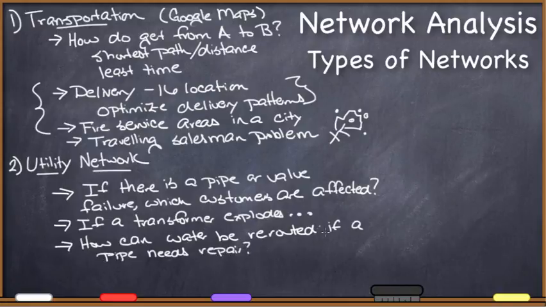You can also go backwards. If you are looking at this, and maybe this is our water network or our power network, and you have customers that are calling in to say that all of a sudden they don't have water or they don't have power or something like that. Well, what you do is you ask them, okay, what's your address? And then you start geocoding the addresses that come in.